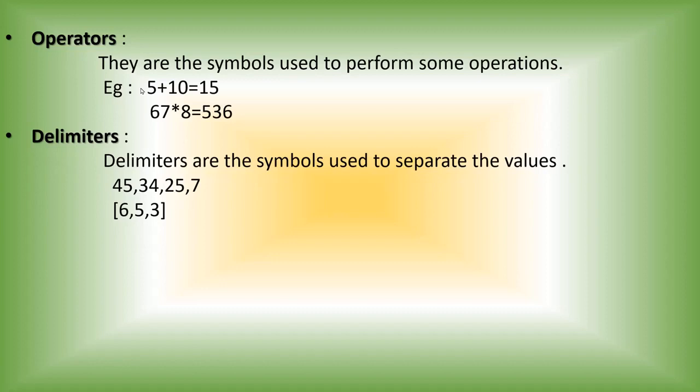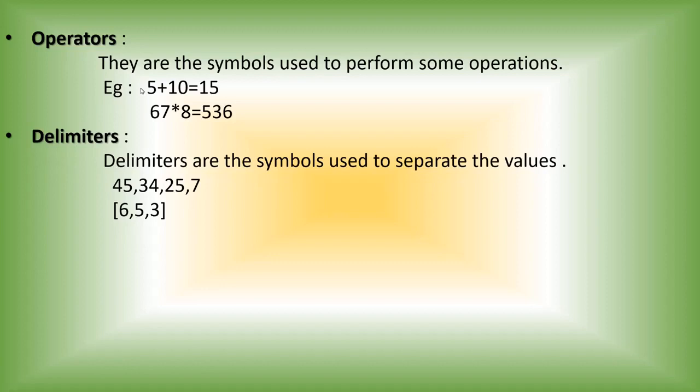Next, the fifth type of token is delimiter. Delimiters are the separators. They are the symbols used to separate values. See the example written over there: 45, 34, 25, 7. All these are separated by commas, so the comma is known as a separator or delimiter.